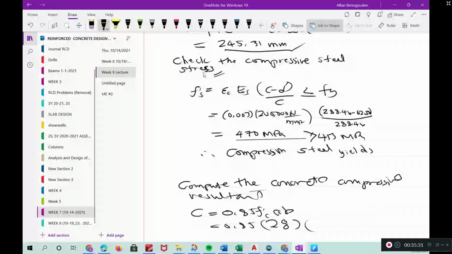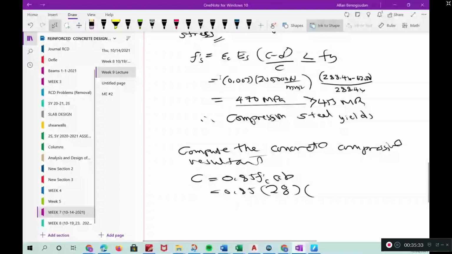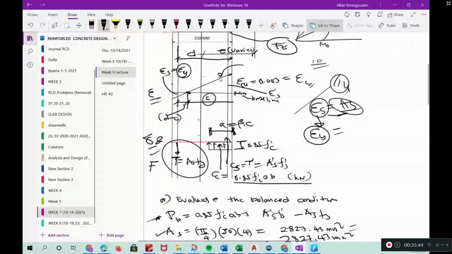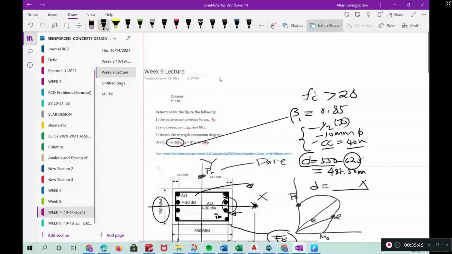It is 245.31 mm multiplied by 350 mm, okay? 350 mm.